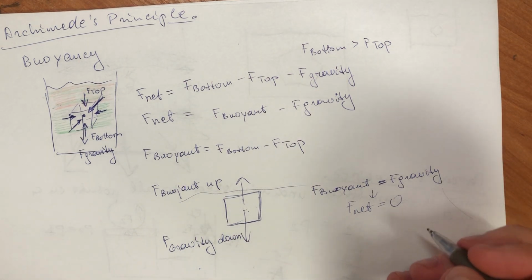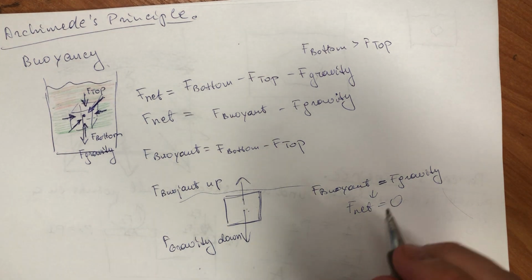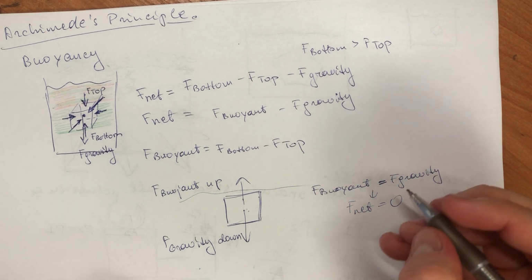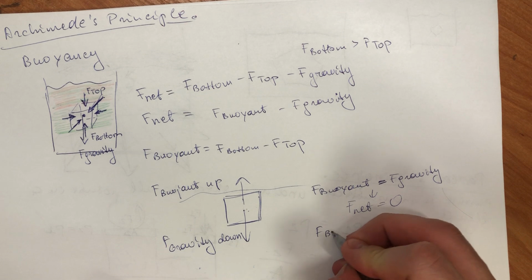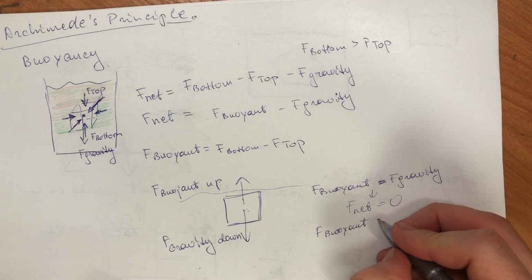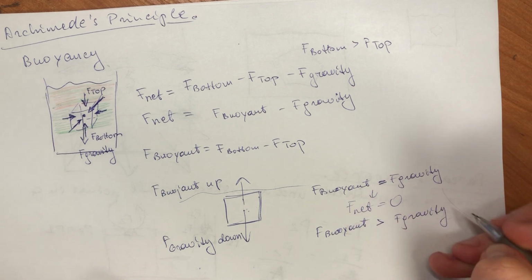In other cases, if F buoyant is higher than F gravity, the object will float on the surface.